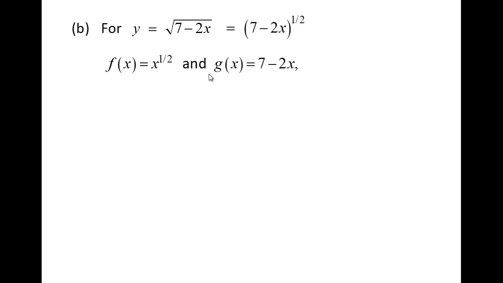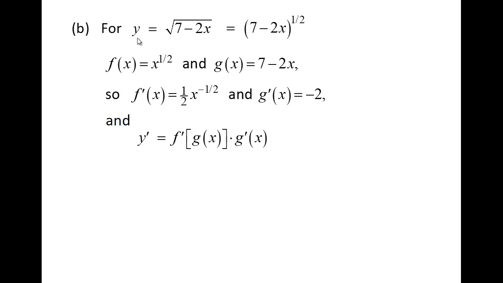So here the outside function is x to the half, the inside function is 7 minus 2x. So this function here is the composition of f and g. So f prime of x is half x to the power negative half, and then g prime of x is negative 2.